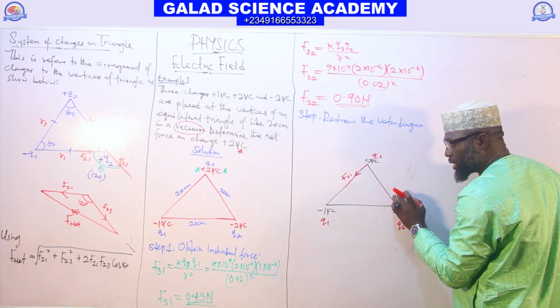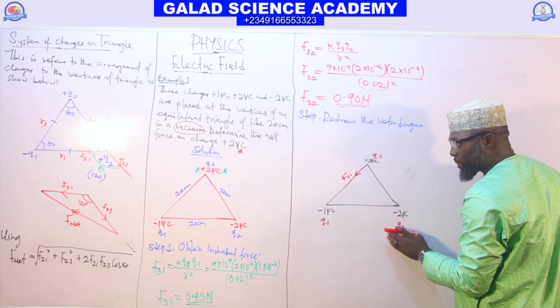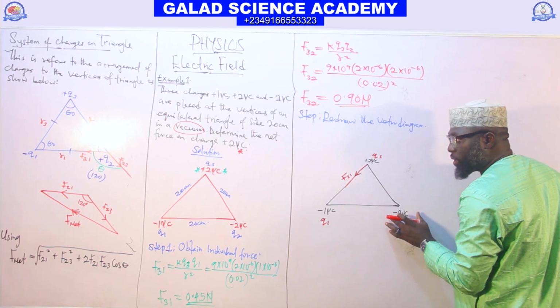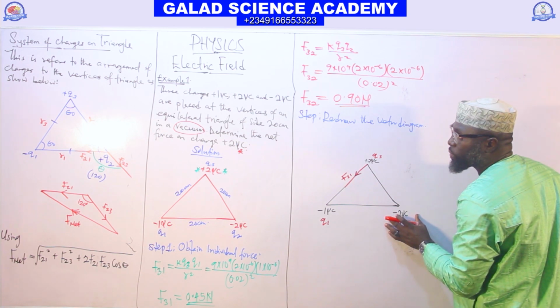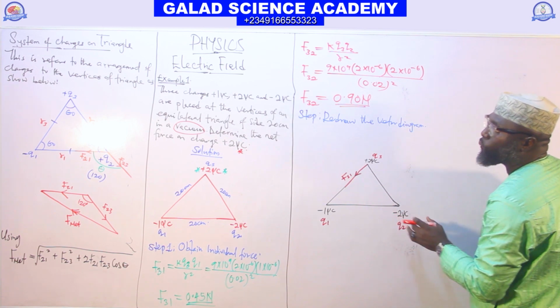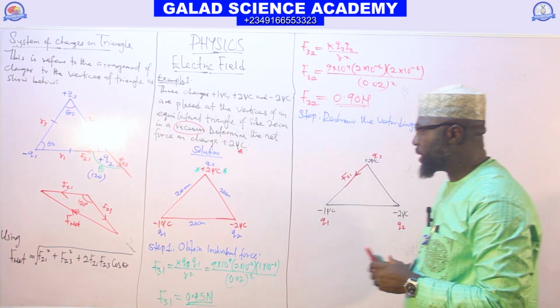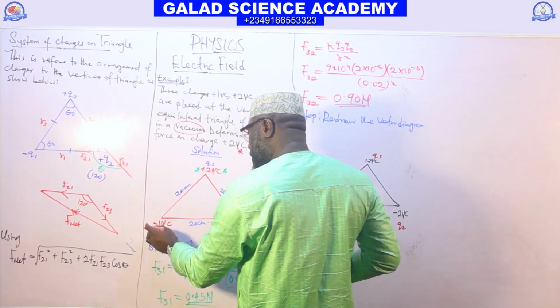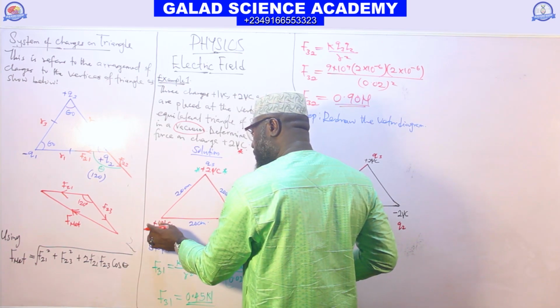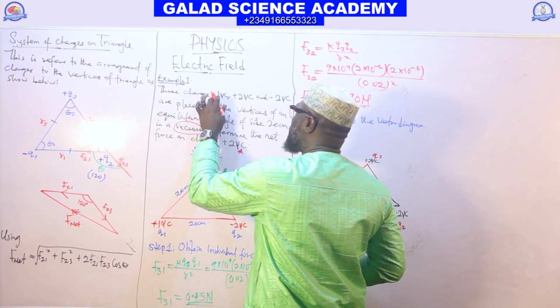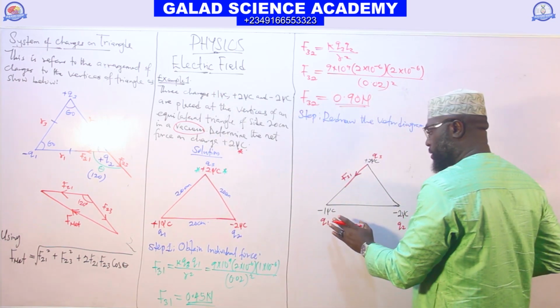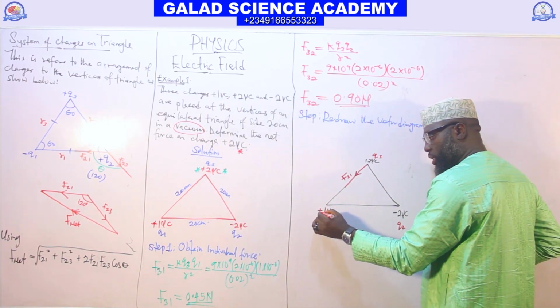Good. So between these two charges, what do we have here? We have negative here too. Sorry, this is a mistake. This is not negative. It's plus. I'm sorry. This is plus.